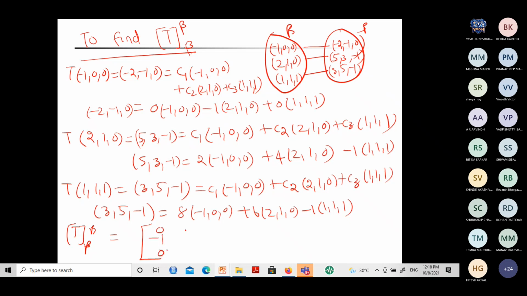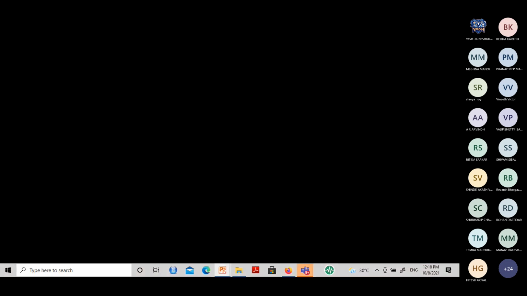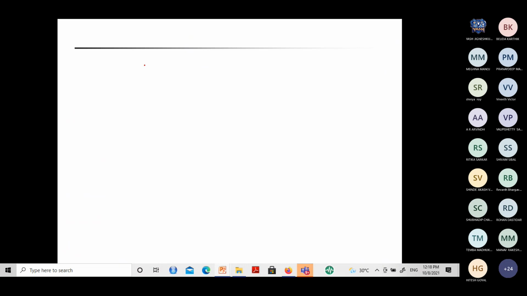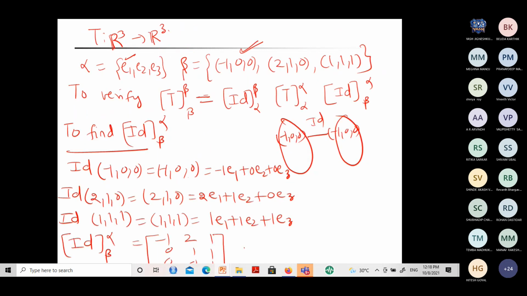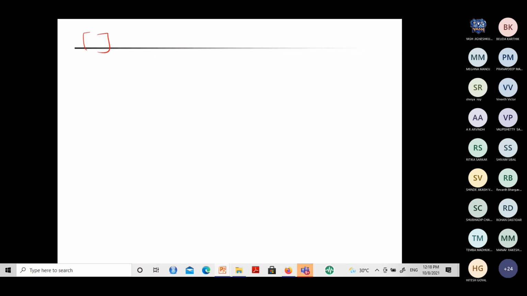So T beta to beta is what? 0 minus 1, 0. 2, 4 minus 1. 8, 6 minus 1. So the only thing we need to check is that we have to multiply those three things: ID alpha to beta, T alpha to alpha, ID beta to alpha.